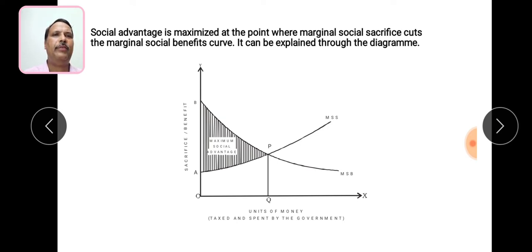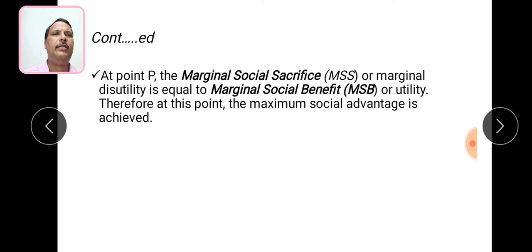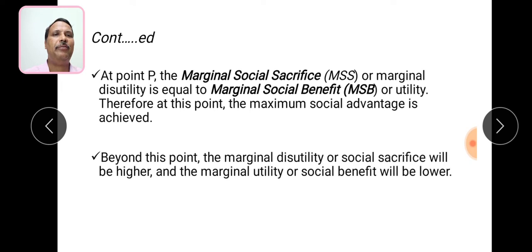Social welfare, or social advantage, is maximum at a point where MSS and MSB are equal, that is at point P. At point P, the marginal social sacrifice or marginal disutility is equal to the marginal social benefit or utility. Therefore, at this point, the maximum social advantage is achieved.